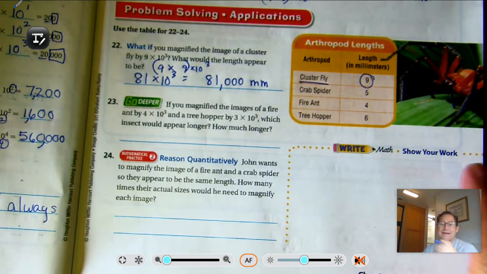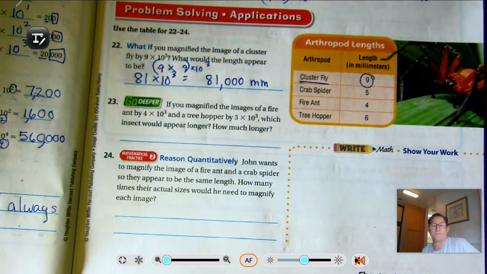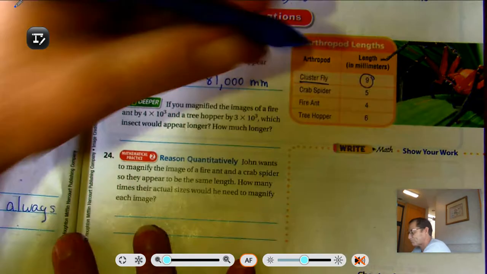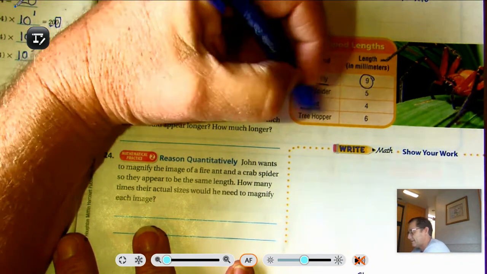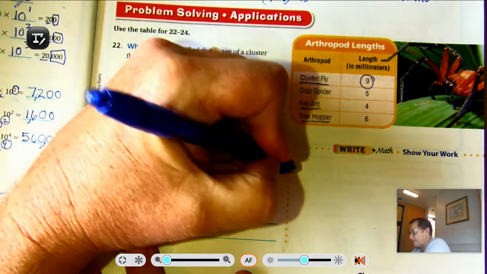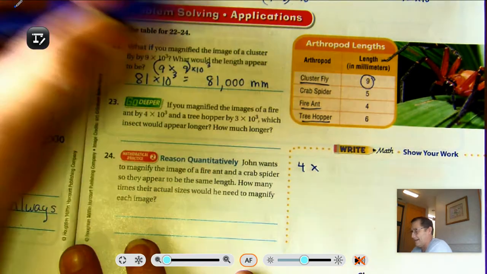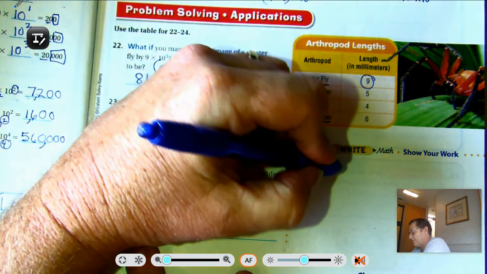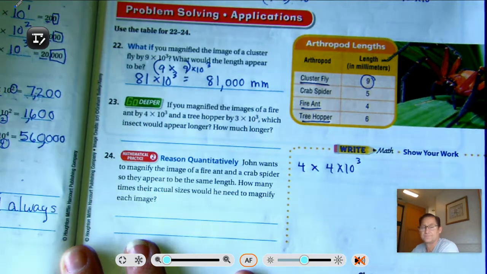23. If you magnify the images of a fire ant by 4 times 10 to the third and a tree hopper by 3 times 10 to the third, which insect would appear longer? All right, so we have a fire ant and a tree hopper. Fire ant is 4 times 4 times 10 to the third.